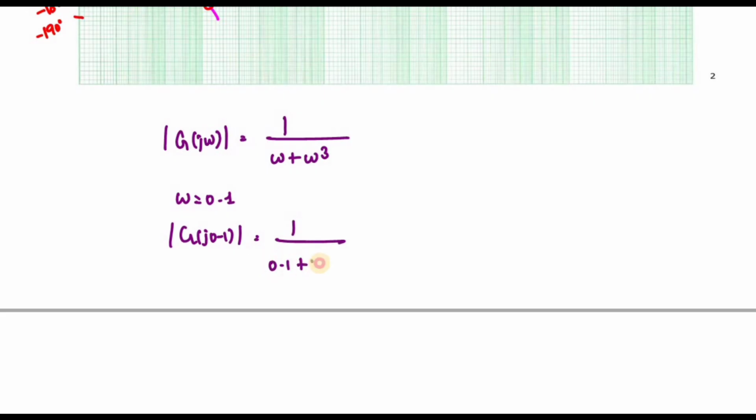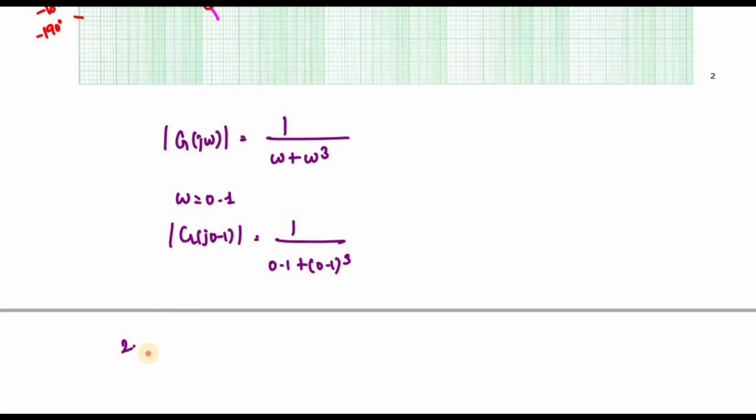My magnitude of G(j omega) is nothing but 1 divided by omega plus omega cube. So if I substitute omega = 0.1, G(j 0.1) is 1 divided by 0.1 plus 0.1 cube.